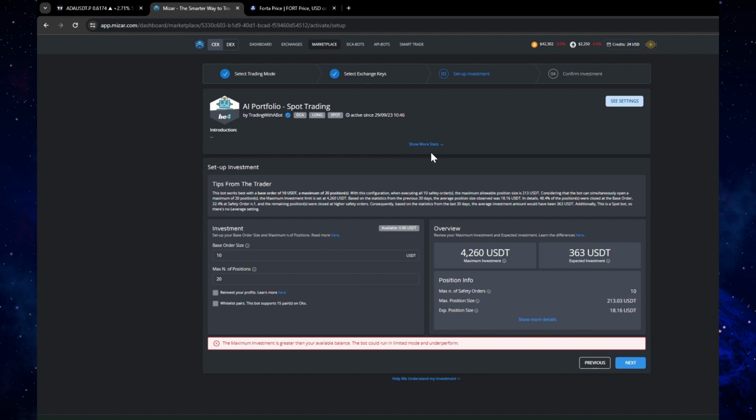Then it will prompt you for additional configuration that you can influence. Most of the strategy config is done by myself, and it's locked. You cannot influence it. But what you can influence is your order size and how many pairs you want to trade concurrently.